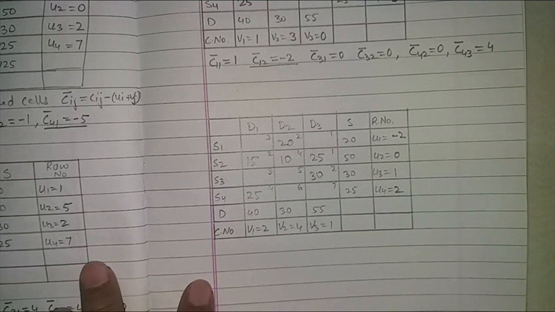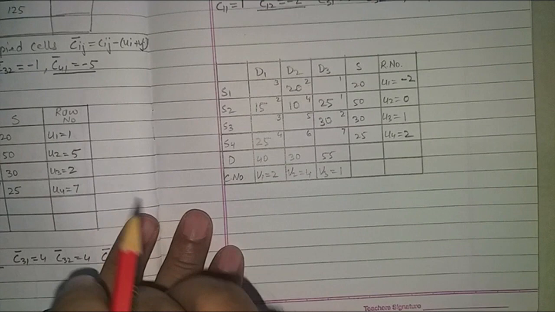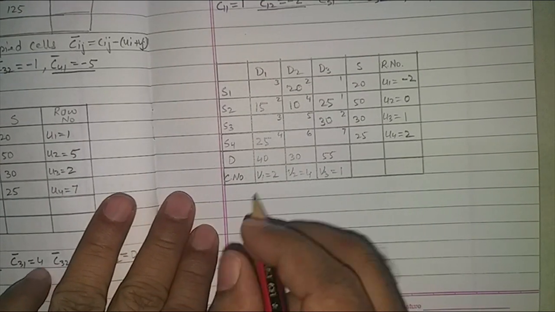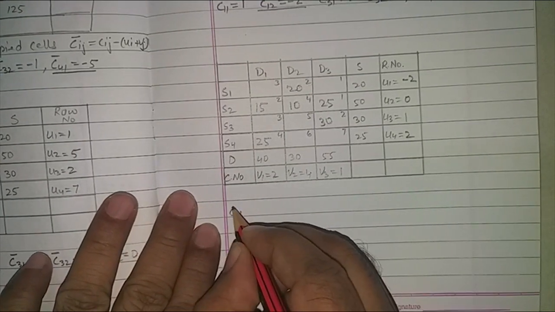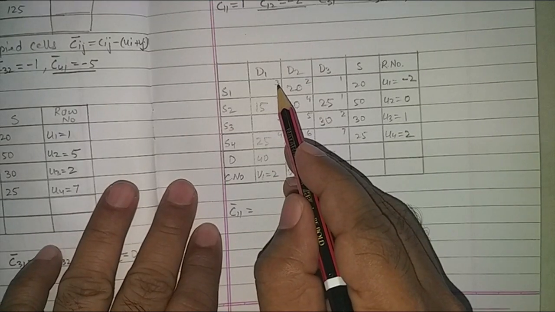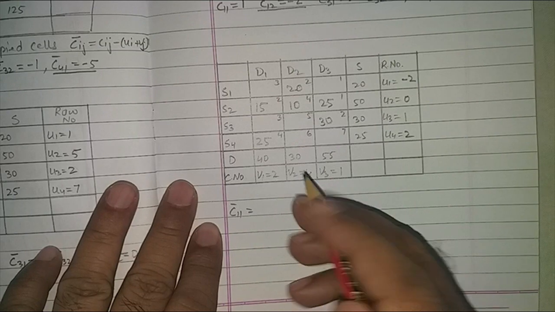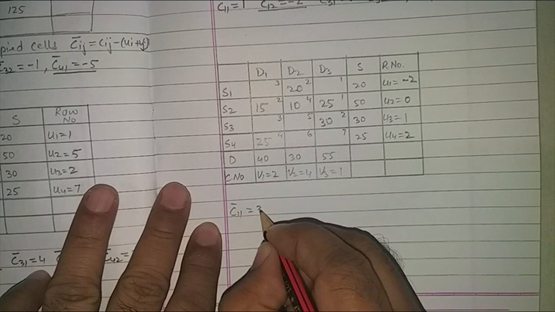2. Let us quickly calculate the opportunity cost for the unoccupied cells. So we have C11, we have 3 minus into bracket minus 2 plus 2 will be 0, so this will be 3.